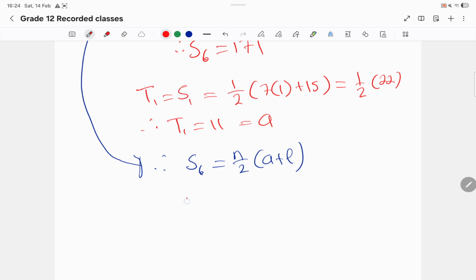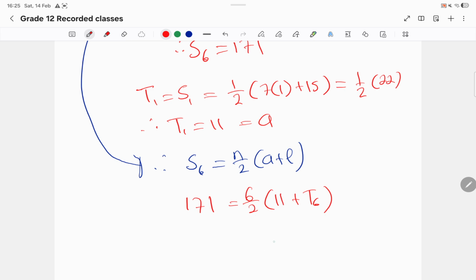So S6 is 171, equals, we are adding the first 6 terms. Our first term is 11 plus the last term, which is T6. This is what we are looking for. And then you do your arithmetic.